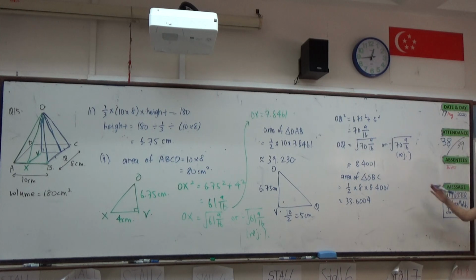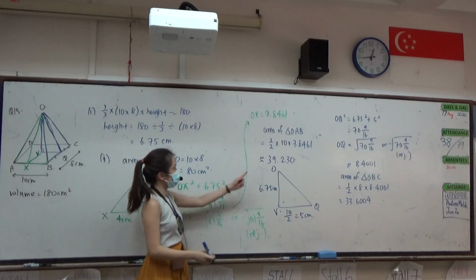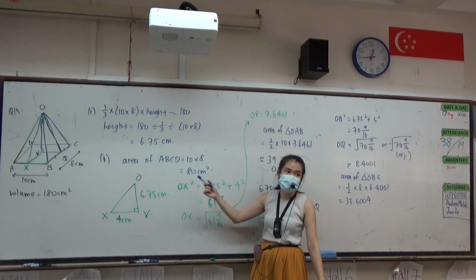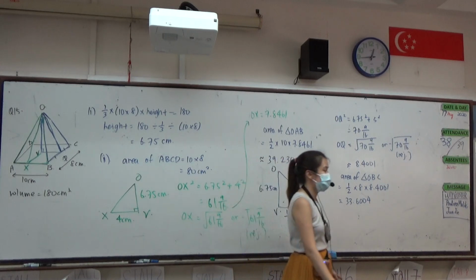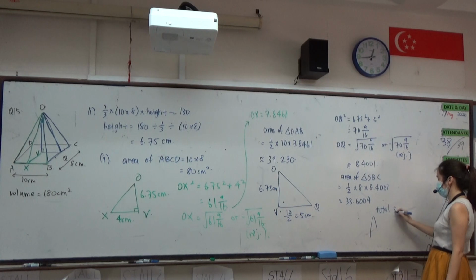So, got the areas of two triangles and the area of the base. We just times 2 to this, times 2 to this, and then add up with the area of ABCD. Then we can find the total surface area. Alright, so I'll leave you to find the total surface area on your own.